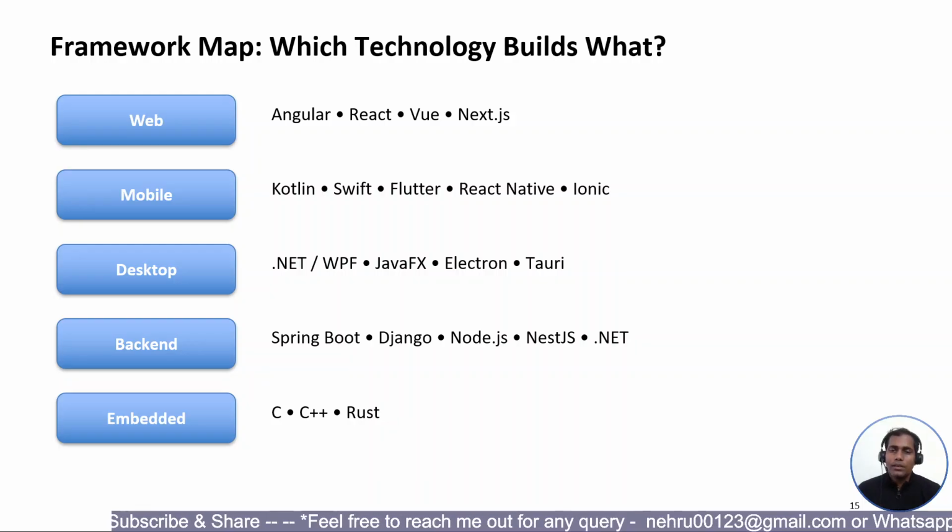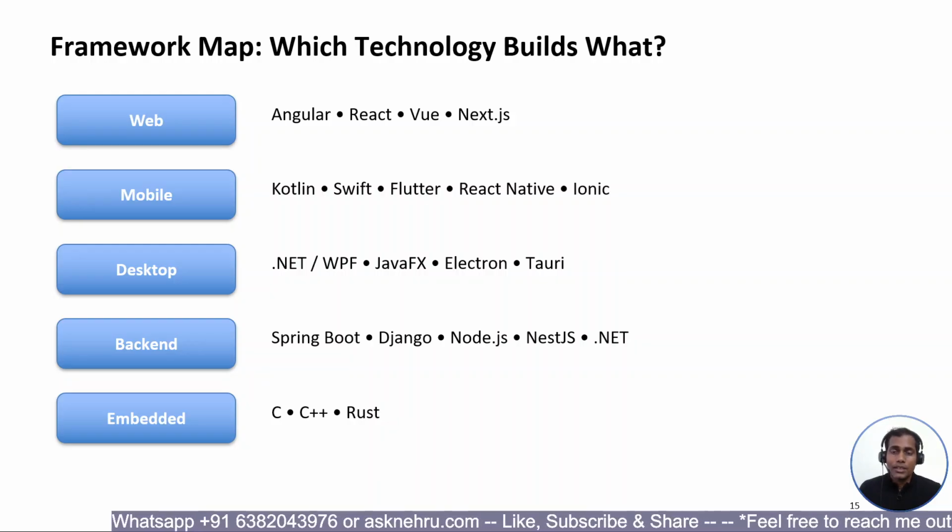For the web, we need to use Angular, React, Vue, and Next.js, and there is Svelte. One more is there. And for the mobile, we use Kotlin, Swift, Flutter, React Native, and Ionic to build mobile applications. For building desktop applications, we use .NET technologies, JavaFX, Electron, and Tauri.